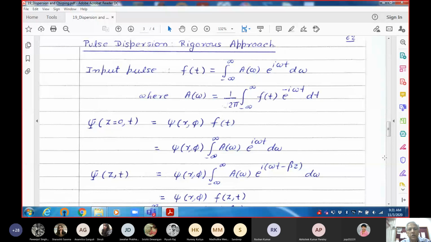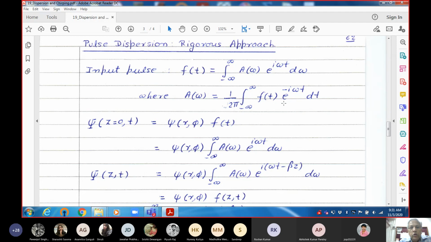Let me assume that the input pulse is given by some function f of t. Now this point about bandwidth, which some of you were confused about, should become clear. I can write f of t as the integral over A of omega, its Fourier transform, times exponential i omega t d omega, where A of omega is defined like this: 1 upon 2 pi, integral from minus infinity to plus infinity of f of t exponential minus i omega t dt.